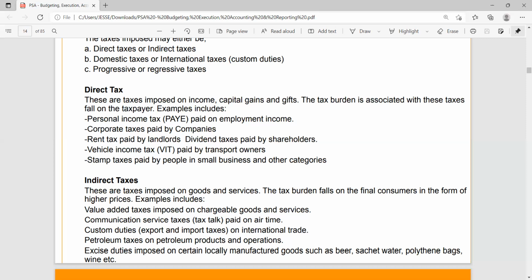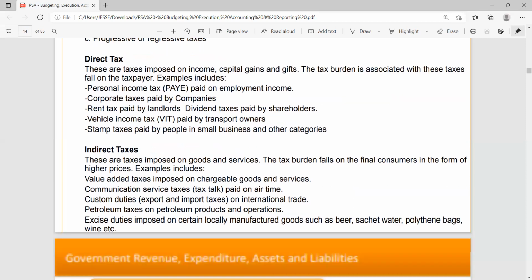VAT is an indirect tax. Communication service tax. Custom duties on international trade. Petroleum taxes on petroleum products. Excise duties imposed on certain locally manufactured goods such as polythene bags, etc., beer, and co. So indirect taxes are imposed on goods and services.